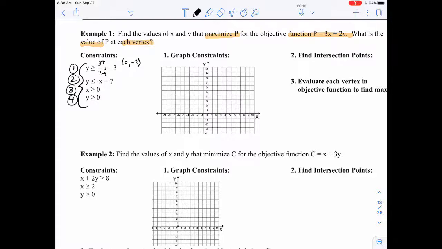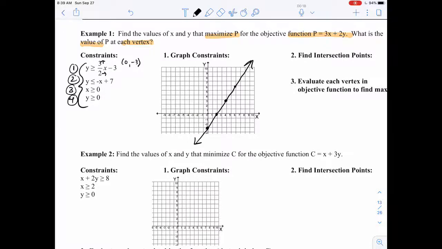So in our first equation, we will start at negative 3. We will go up 3 over 2, up 3 over 2, up 3 over 2. Notice it's a greater than or equal to, so we will have a solid boundary. And in this case, it wants us to shade above.